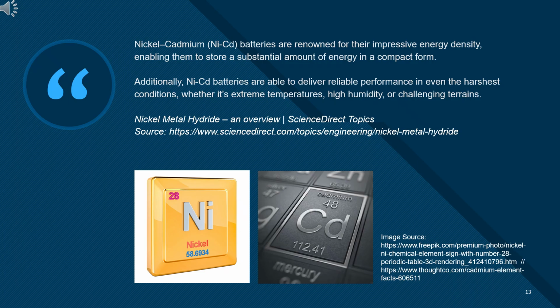And here's the interesting part. The well-known 1.2 volts per cell of a NiCd battery isn't an arbitrary number. It comes from the difference in the standard electrode potentials of the two reactions. Nickel oxyhydroxide, NiOOH/Ni(OH)2, has a potential of about plus 0.49 V, while cadmium, Cd/Cd(OH)2, is around minus 0.76 V. When you take the difference, you get roughly 1.25 V, which in practice gives us the stable 1.2 V per cell that NiCd batteries are famous for.